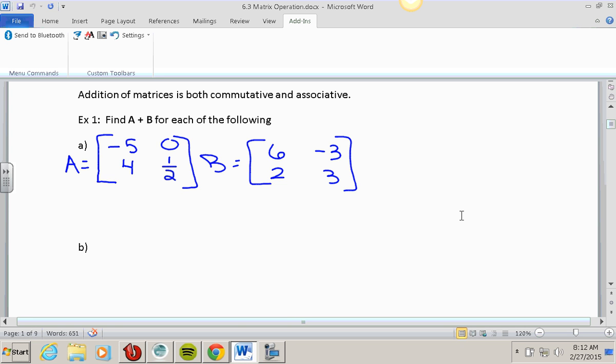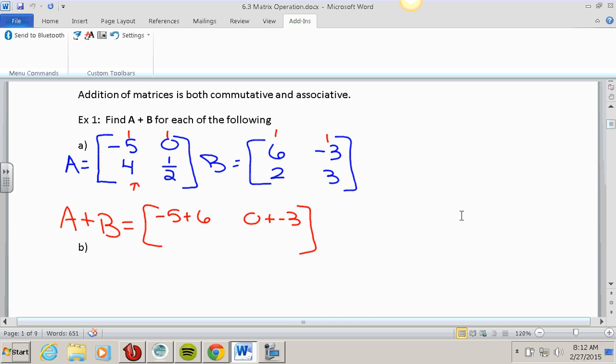Okay? So when we add these together, we're going to add these two. So negative 5 plus 6. And then you're going to add these two. 0 plus a negative 3.